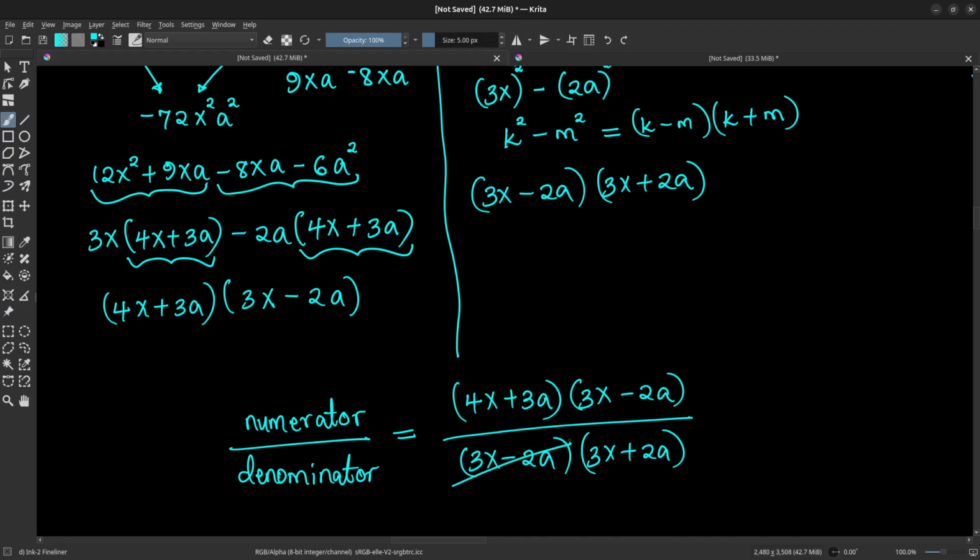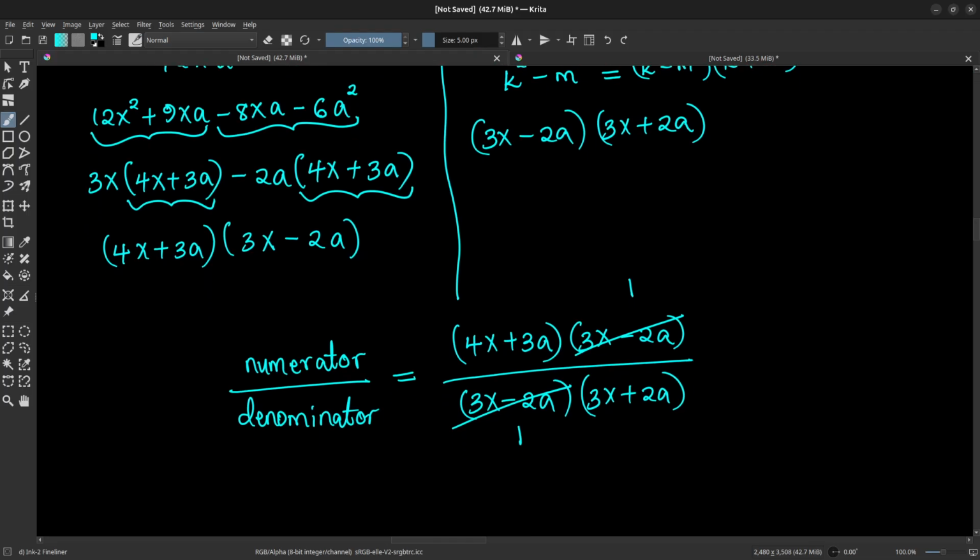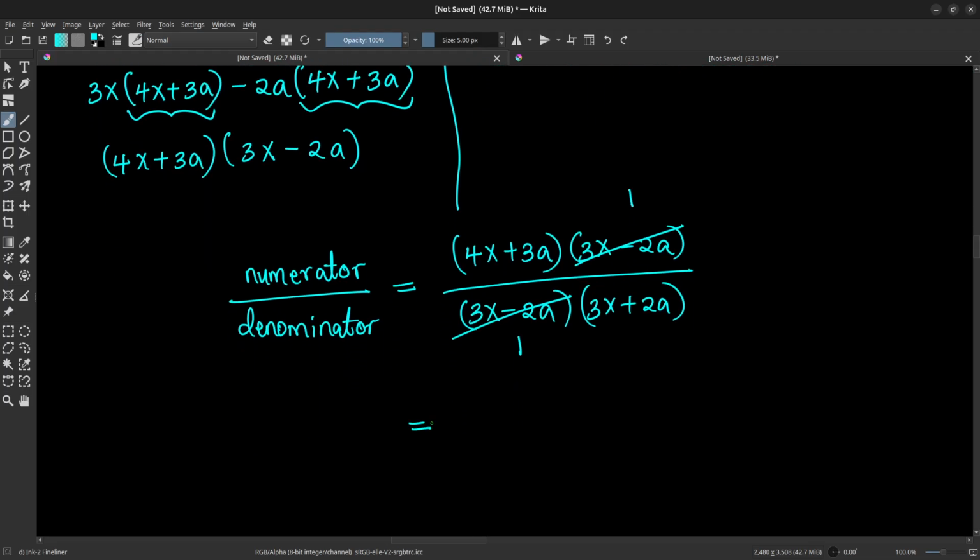So 3x minus 2a over 3x minus 2a is 1, and at the end of the day, our answer becomes 4x plus 3a over 3x plus 2a. This is the answer.